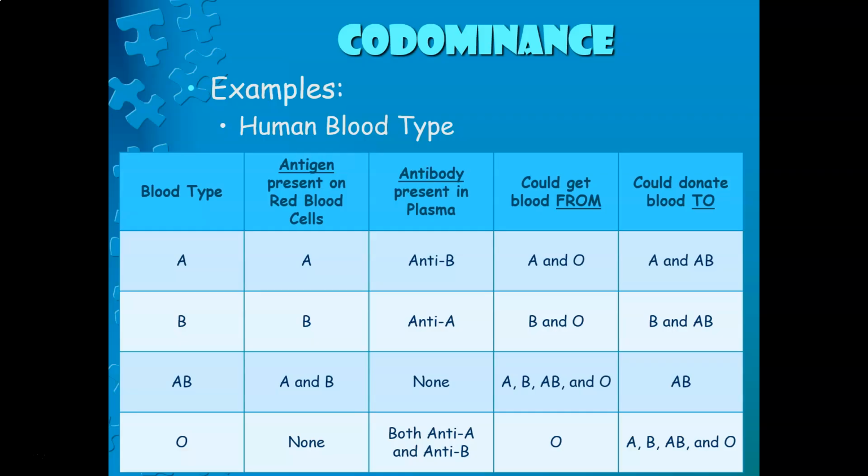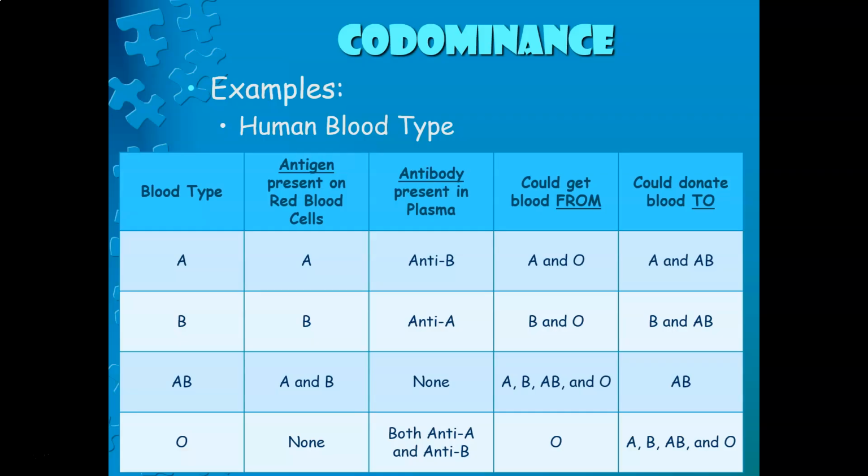So I can get type A. I can also get from type O, because remember, type O red blood cells have no antigens, so I'm good. I don't have to worry about my anti-B antibodies connecting to anything because there's nothing to connect to. In terms of donating, I can donate to anybody who's like me. I can also donate to anybody who is AB because they have no corresponding antibodies. So we're good and clear there.